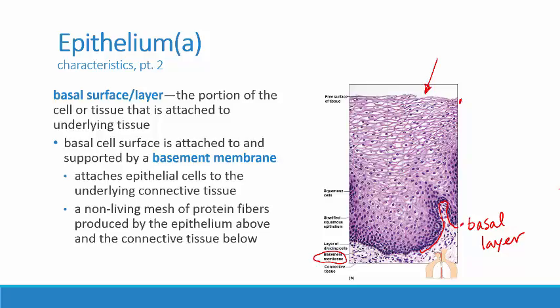So there's a layer of protein fibers that underlies the epithelial surface, basal layer, and helps to provide support and strengthens that basal layer. And it's this non-living mesh of protein fibers that are extracellular, and they are produced by that connective tissue, and also the epithelia above have some role in producing this basement membrane.